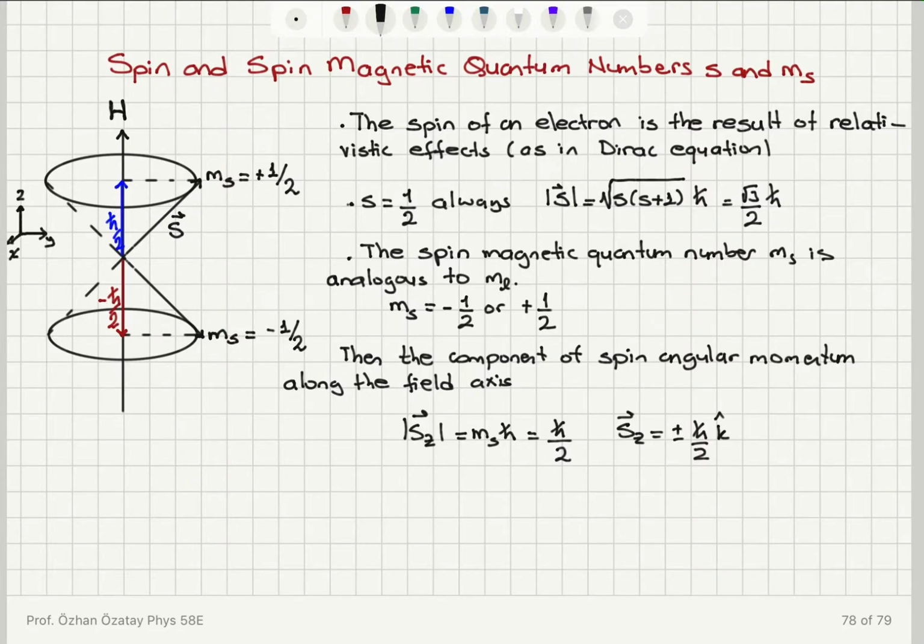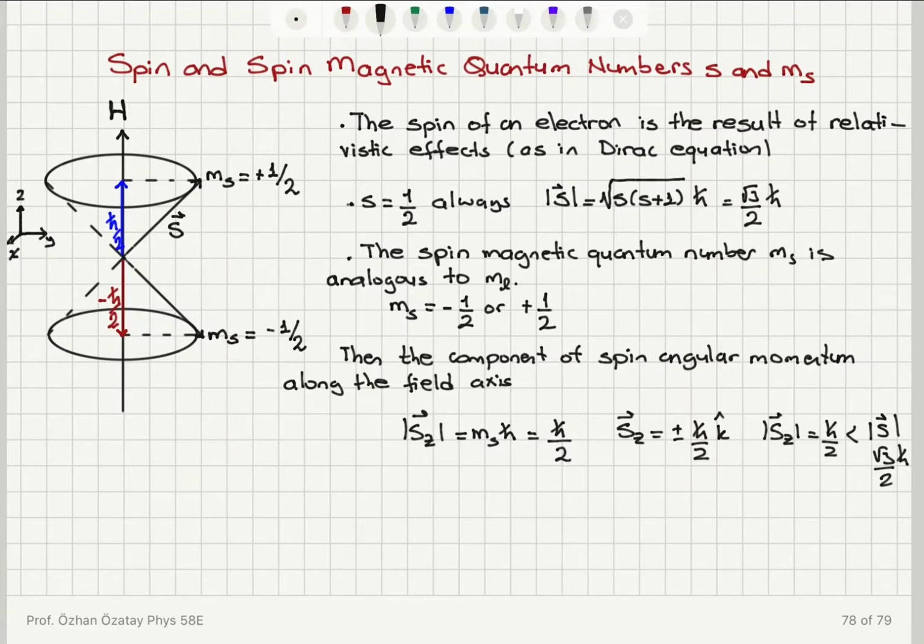So we basically see that the magnitude of S sub z, which is h bar over 2, is less than the magnitude of the angular momentum vector, which is square root 3 over 2 h bar, as expected.